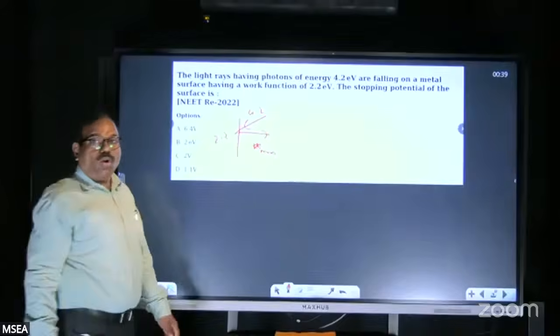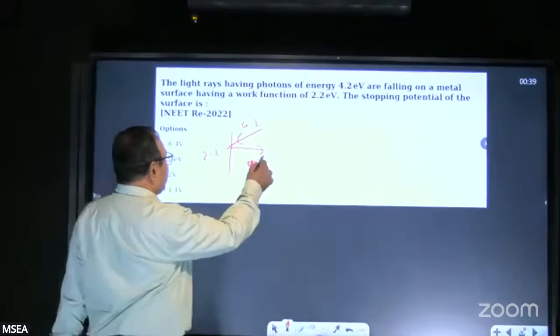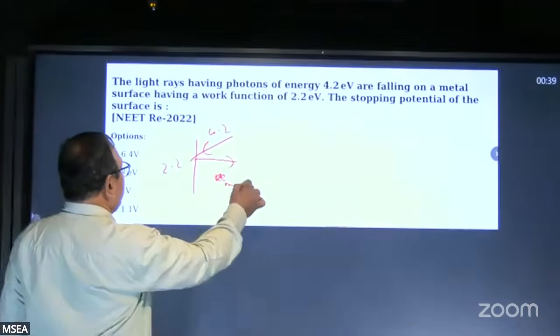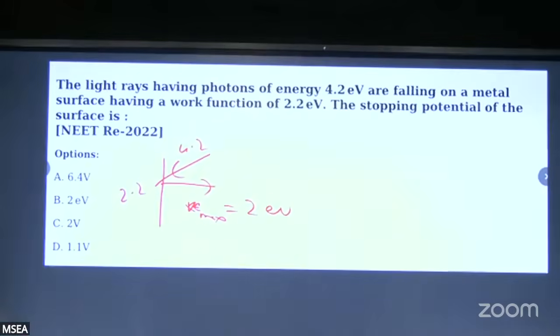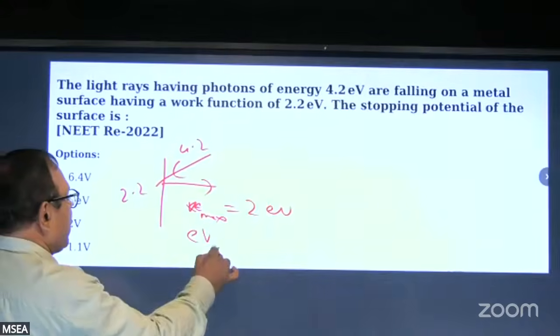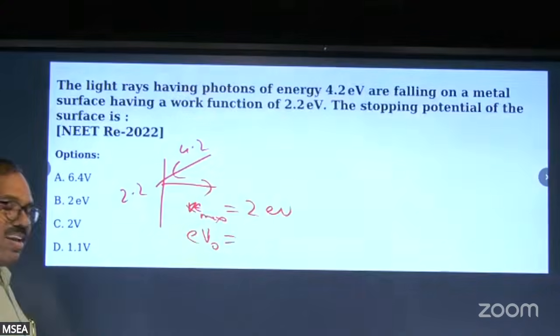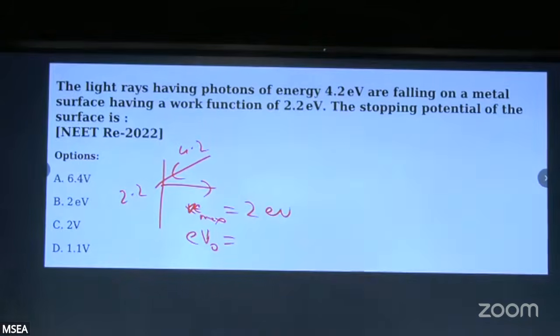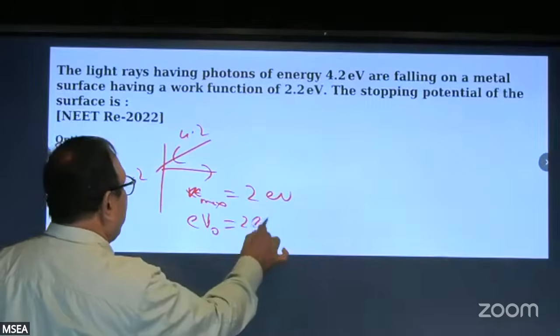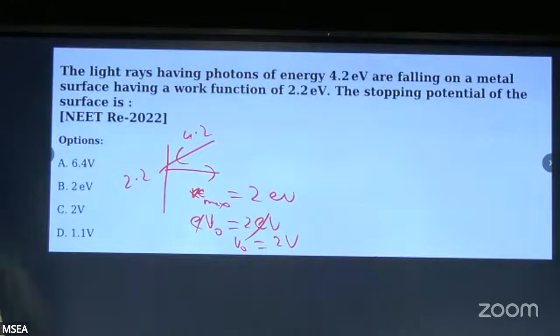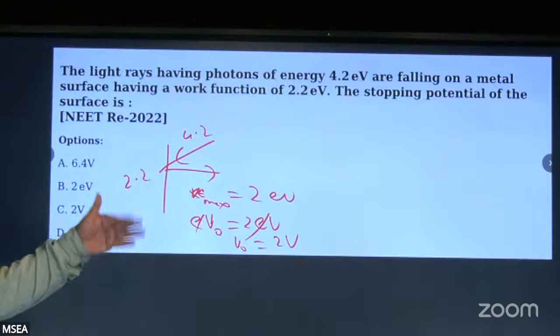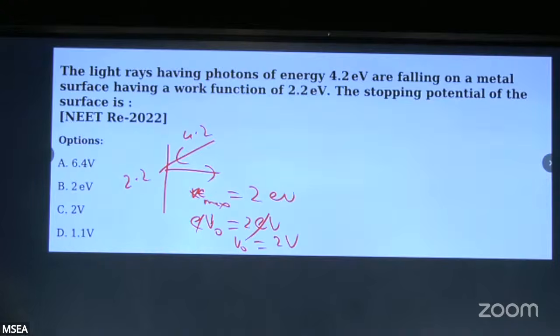So Ke max is 4.2 minus 2.2, which is 2 electron volts. But he's asking about stopping potential. Ke max can also be written as eV naught, or Vs, the stopping potential, which should be equal to 2 electron volt. Therefore, stopping potential is 2 volts.